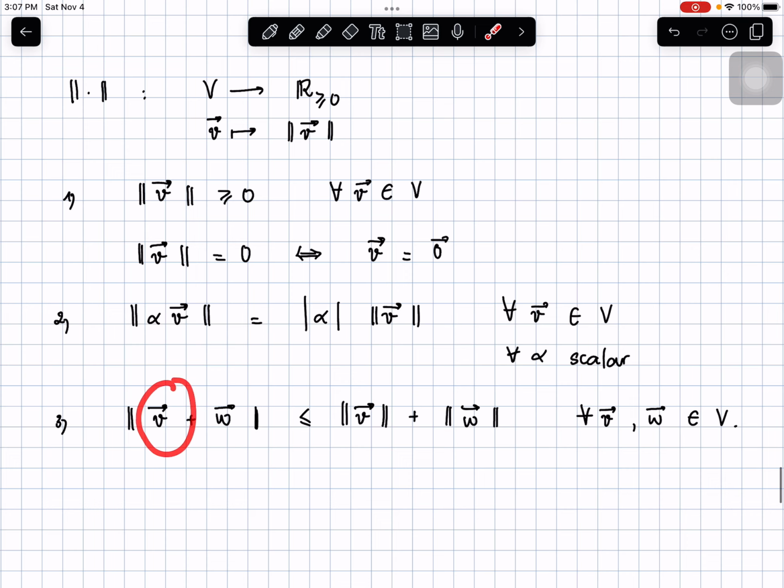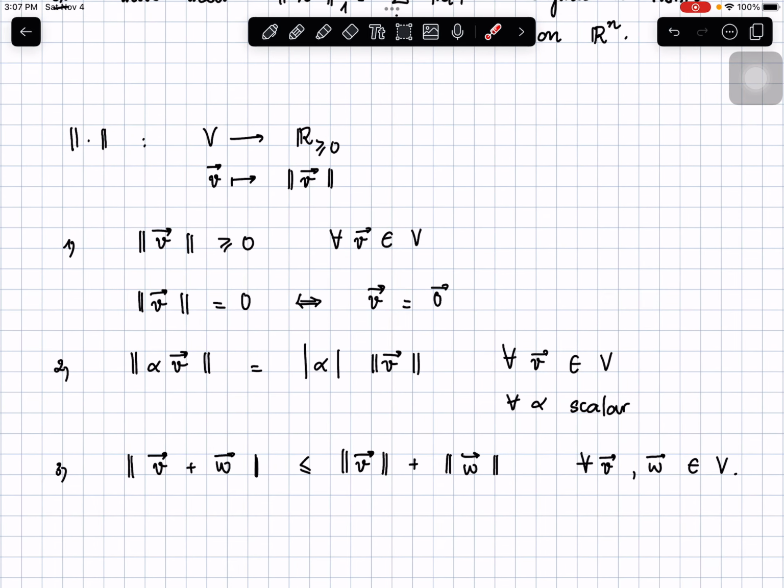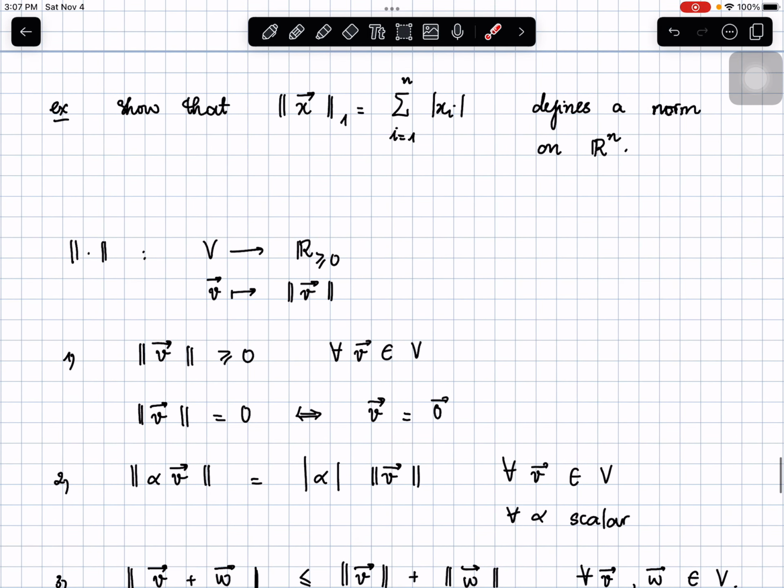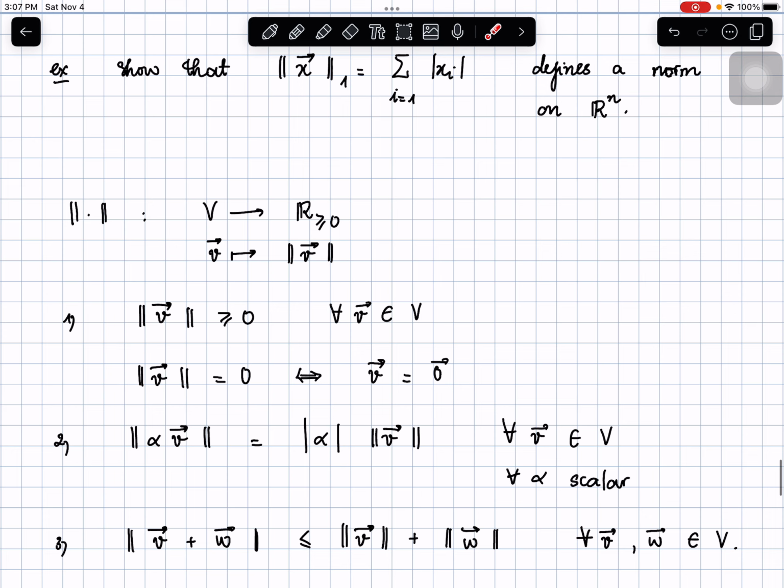For any two vectors v and w in the vector space, the norm of v plus w is less than or equal to the norm of v plus the norm of w. So, triangle inequality. Yeah, so our job is to check the three conditions are satisfied.